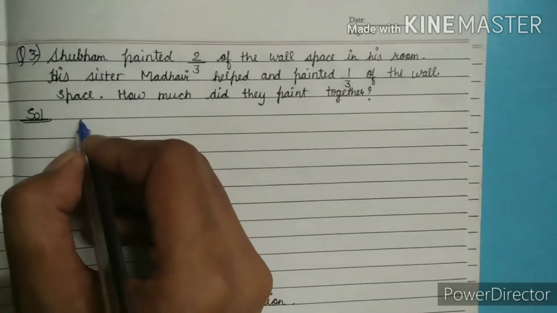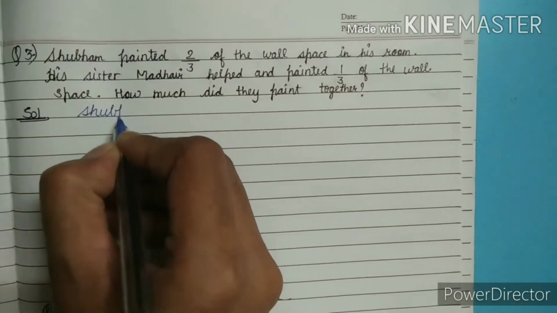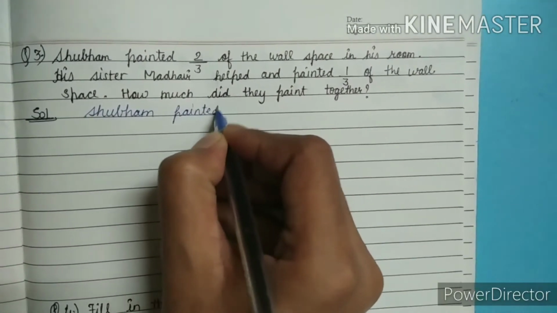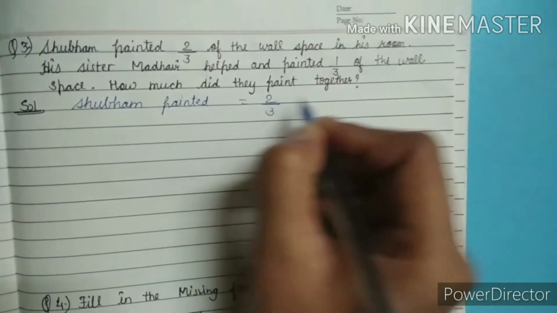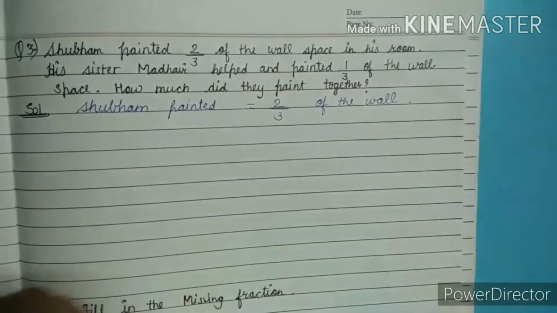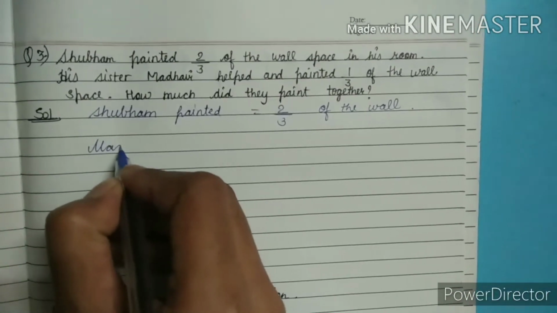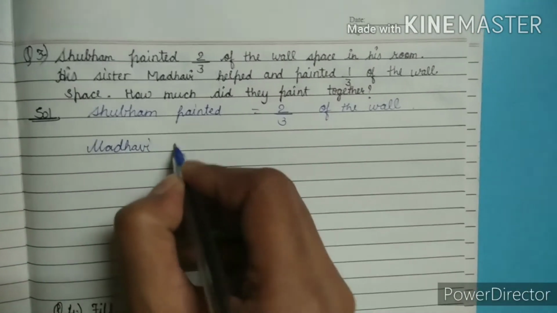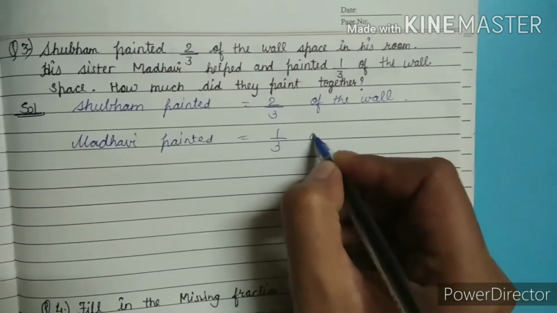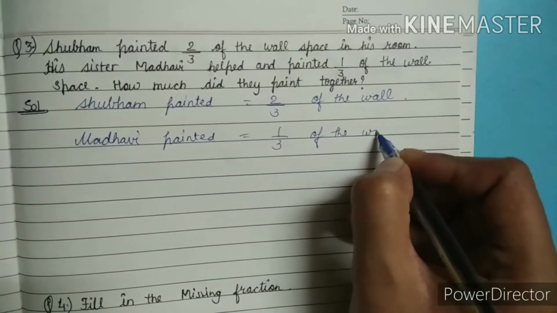So let's see. Shubham painted. Shubham, how much painted? Shubham painted 2 by 3 of the wall. And Madhvi? Madhvi painted how much? Madhvi painted 1 by 3 of the wall.